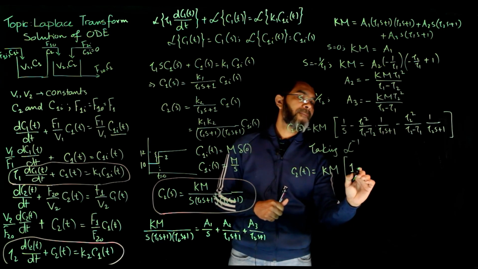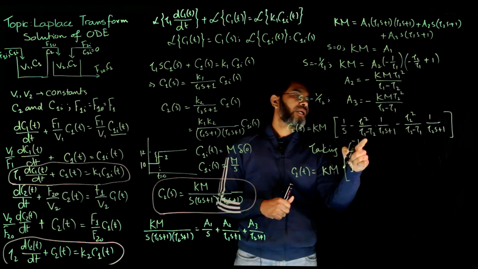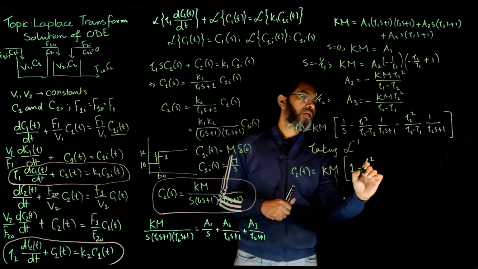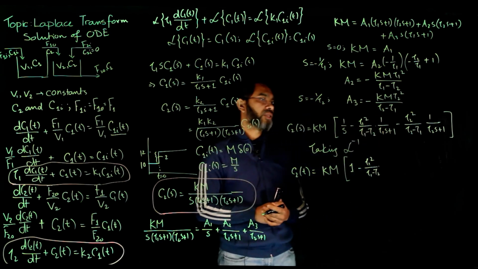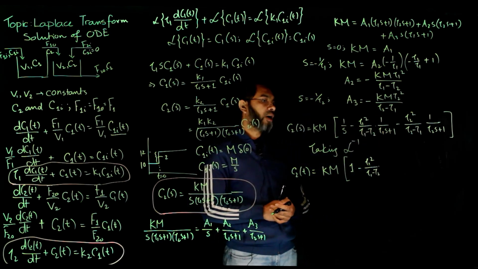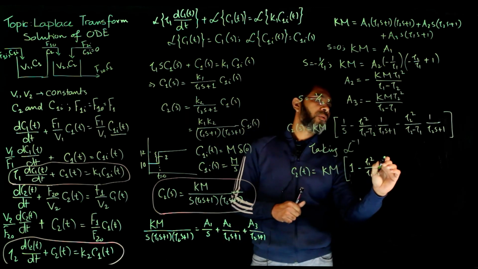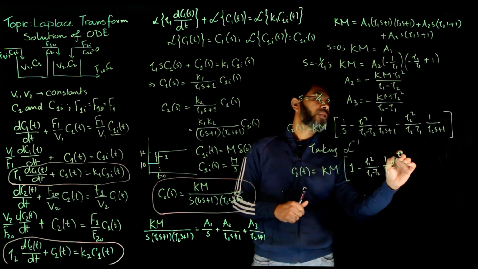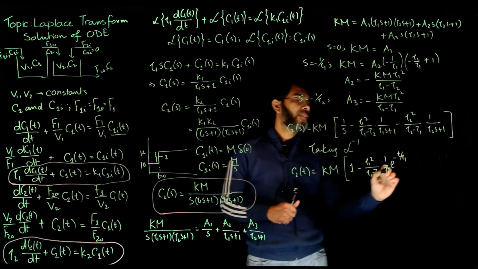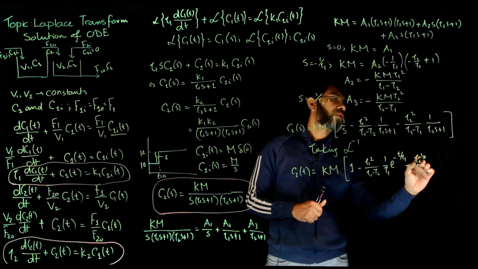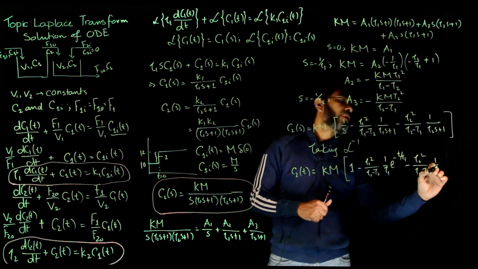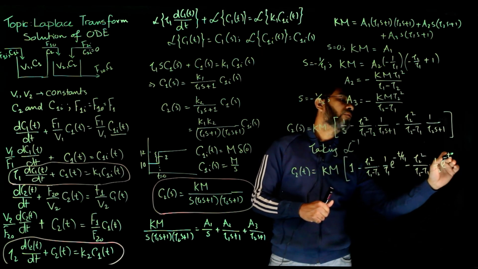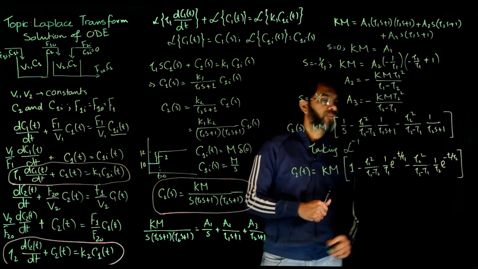So it's 1. And for this one, tau 1 squared over tau 1 minus tau 2 is a constant. The inverse Laplace of 1 over tau s plus 1 is simply 1 over tau 1 e to the power negative t over tau 1, and then this one will be tau 2 squared over tau 2 minus tau 1, becoming 1 over tau 2 e to the power negative t over tau 2.